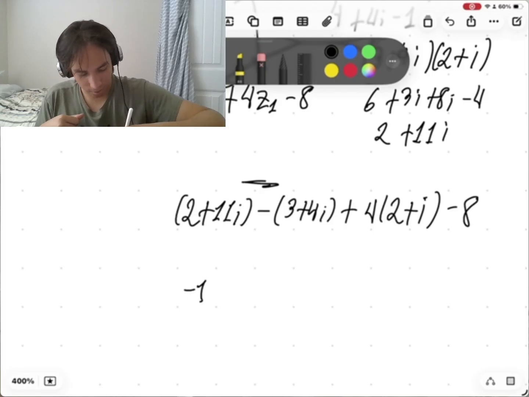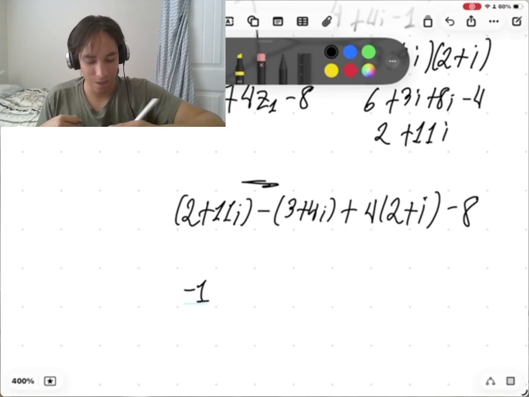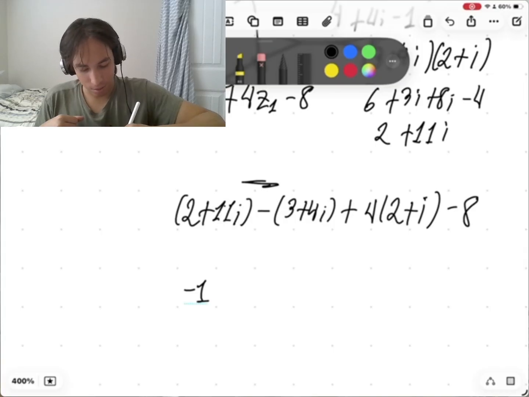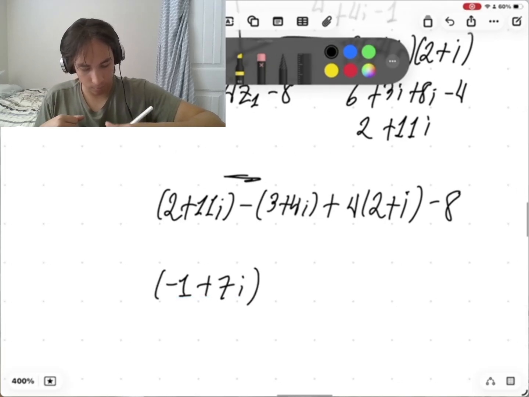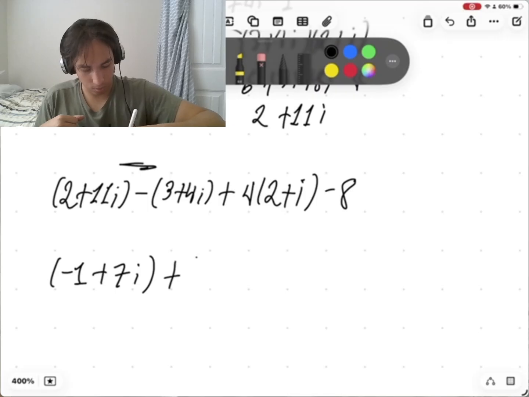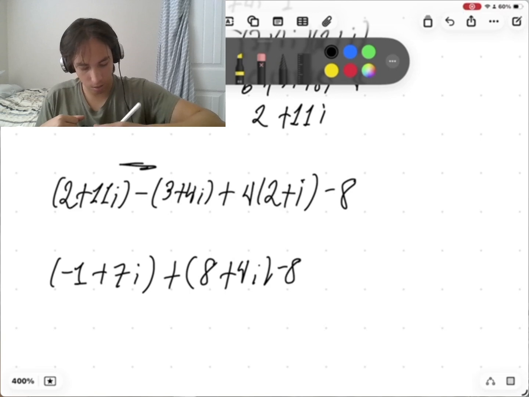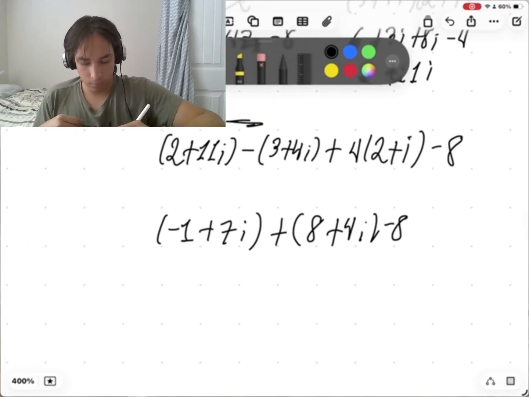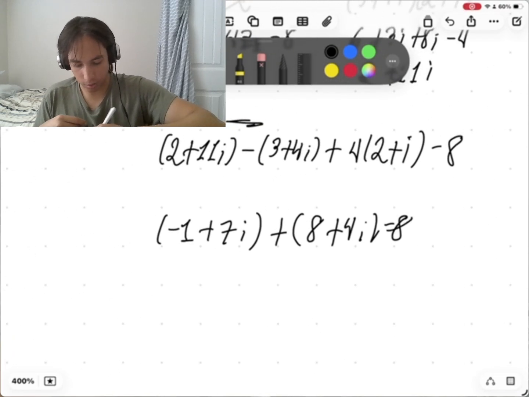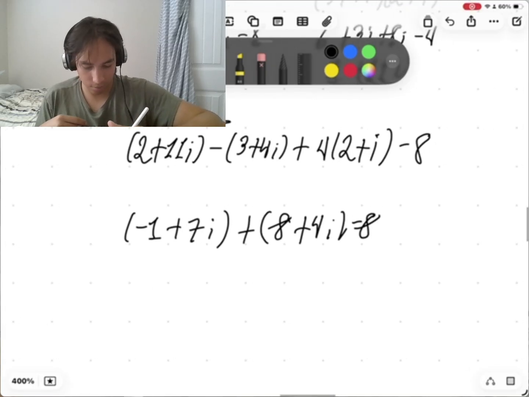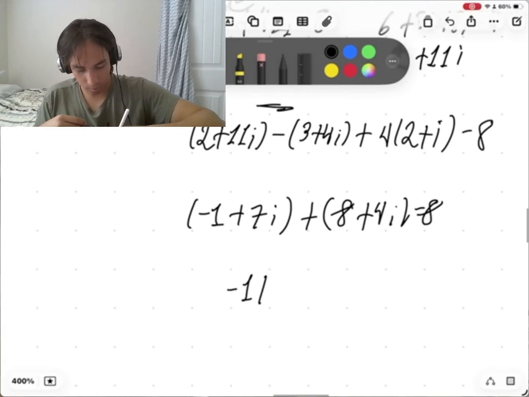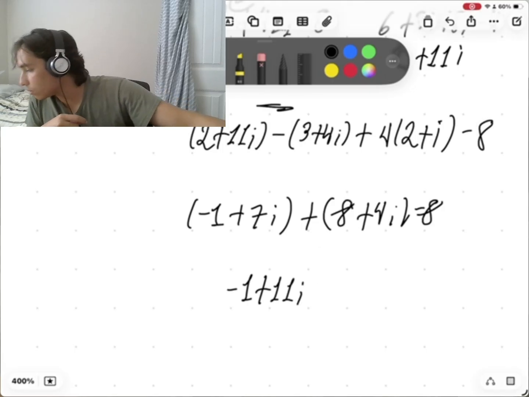I am subtracting, not multiplying. So this is negative 1, and this is 7 plus 7I. And we can multiply here: 8 plus 4I minus 8. And then negative 1 plus 11I. That's my answer. Let's see if that's the right answer.